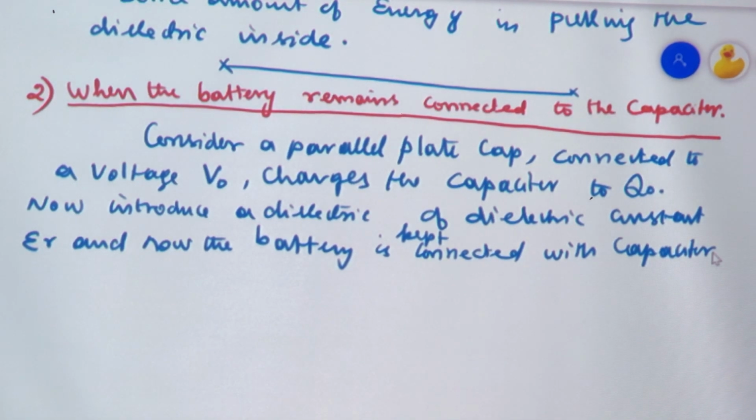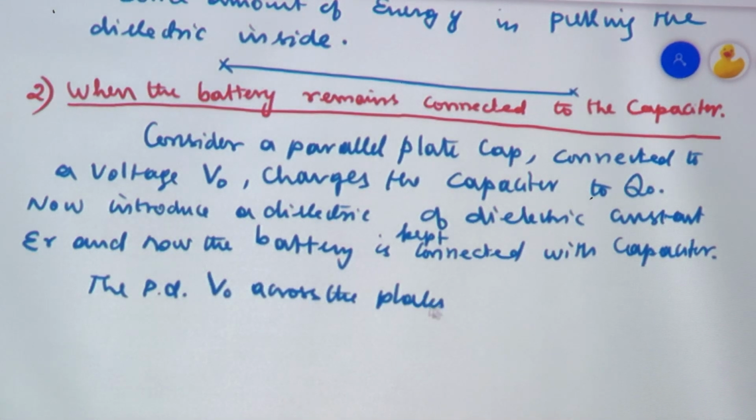If the battery is continuously connected with the capacitor, the potential difference V0 across the plates remains constant. In the previous case, charge was considered constant. Here, potential difference remains constant.